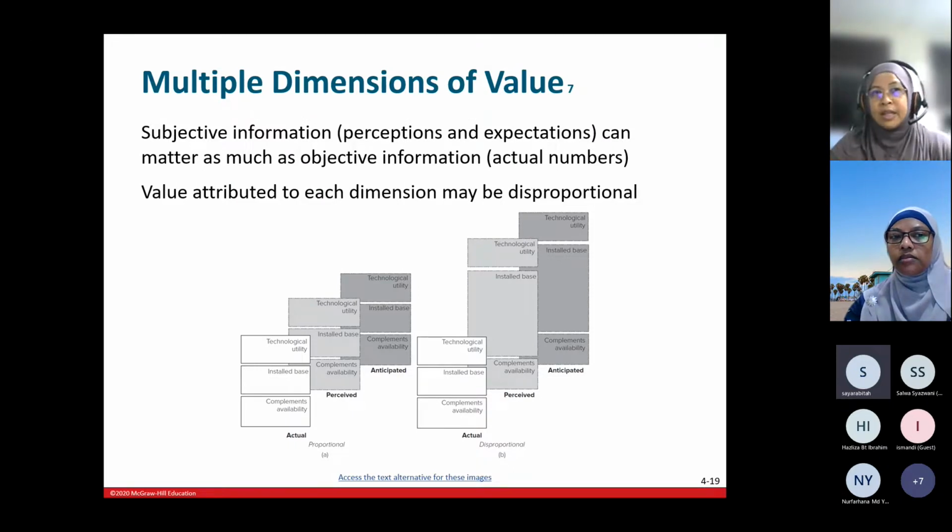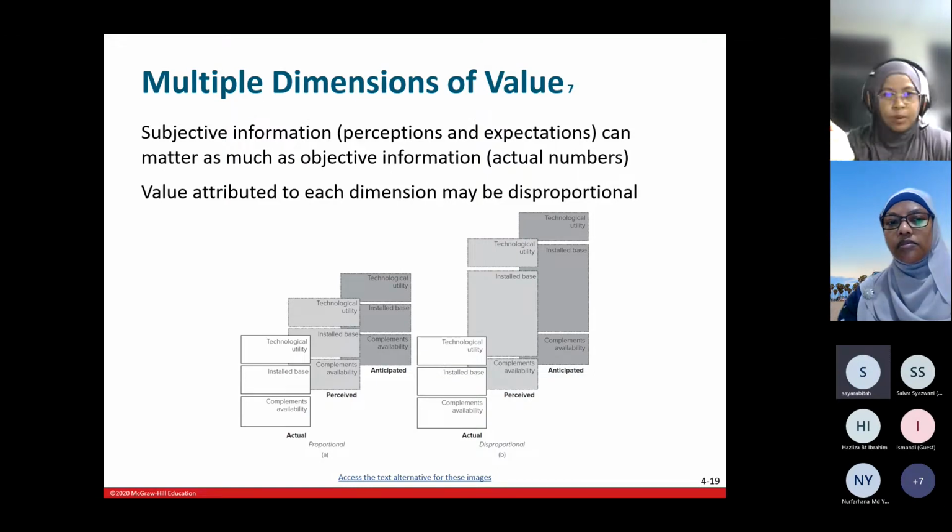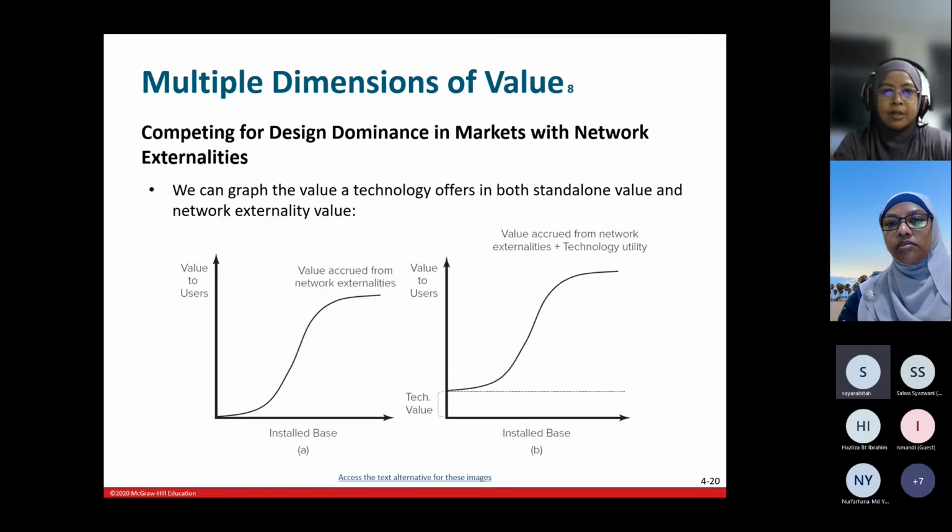So we cannot say that the acceptance of the community is 50% because in KL it's 50%. Also, we assume that in Penang, people will also accept it as 50%. No, it wouldn't work that way. Okay, because it also involves other things like locality, culture and so on.